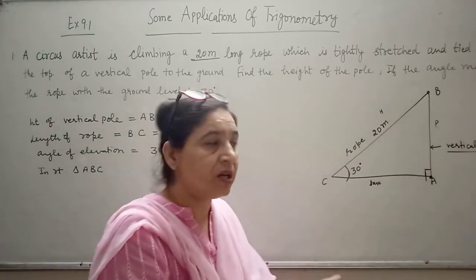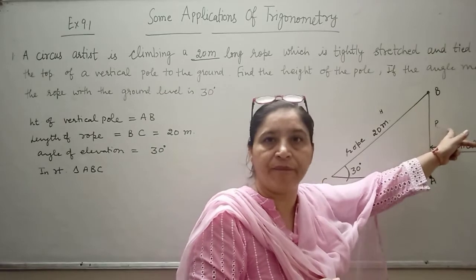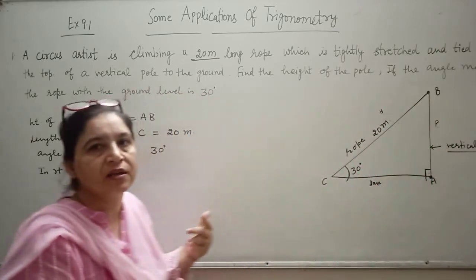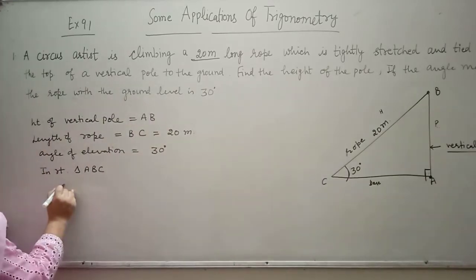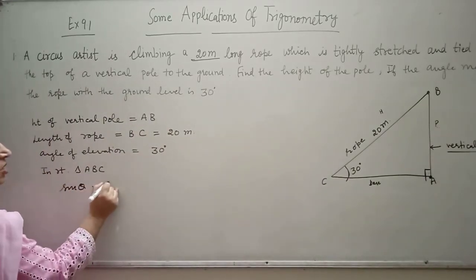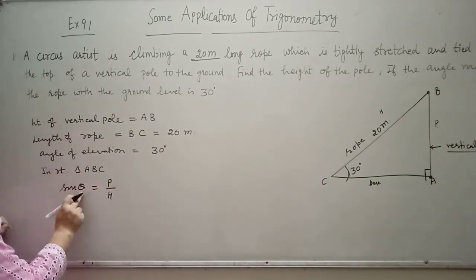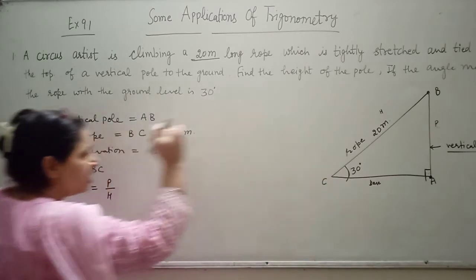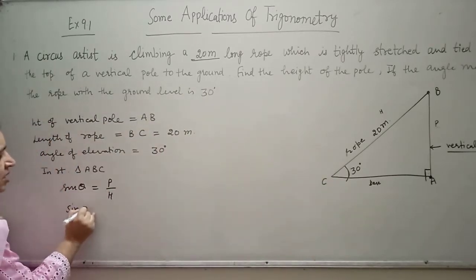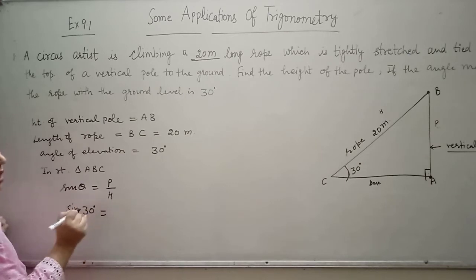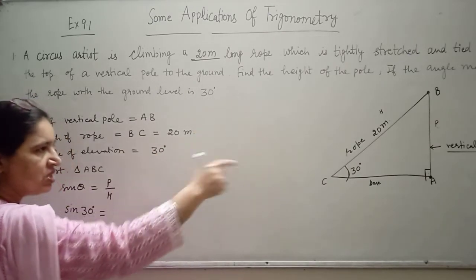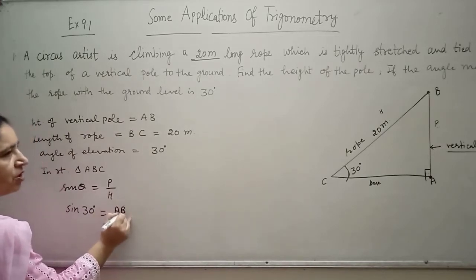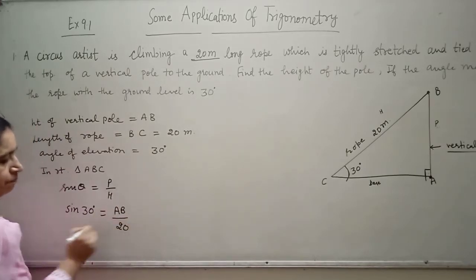First see what is given and what is to be found, and which trigonometric ratio lies between them. Sin theta. So write sin theta is equal to perpendicular upon hypotenuse. In this case theta is 30 degree. Sin 30 degree is equal to perpendicular, that is AB, upon hypotenuse, that is given 20.